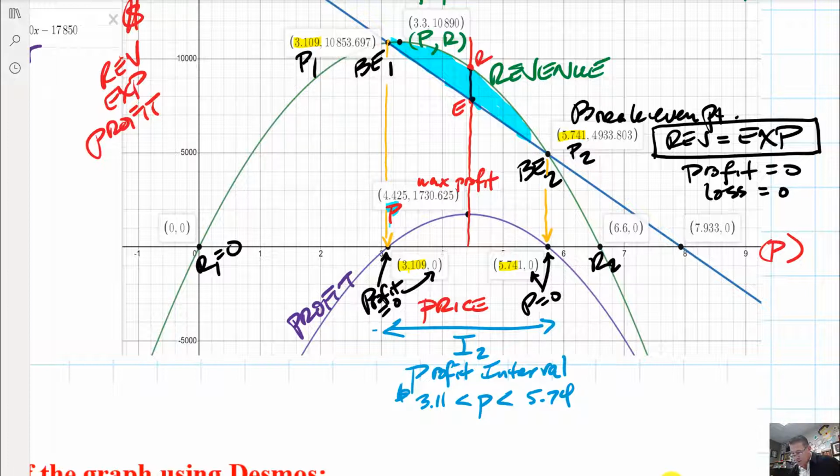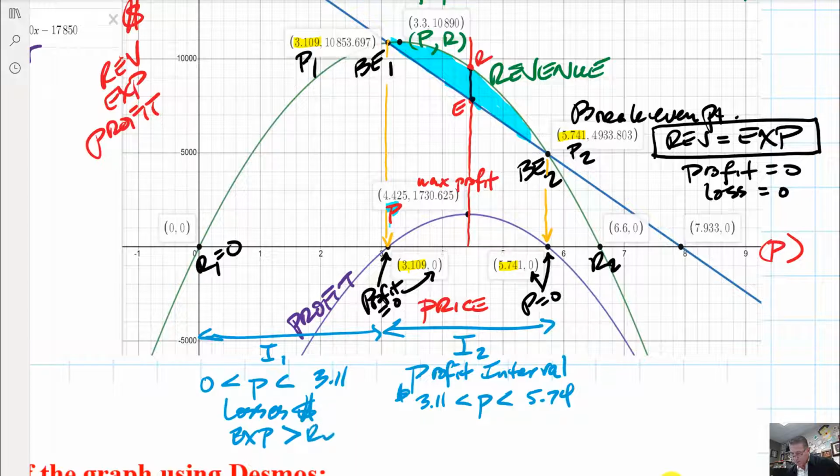If it's to the left, in the first interval here, between 0 and $3.11, the company loses money. There's a loss right through here because the expenses are greater than the revenue.